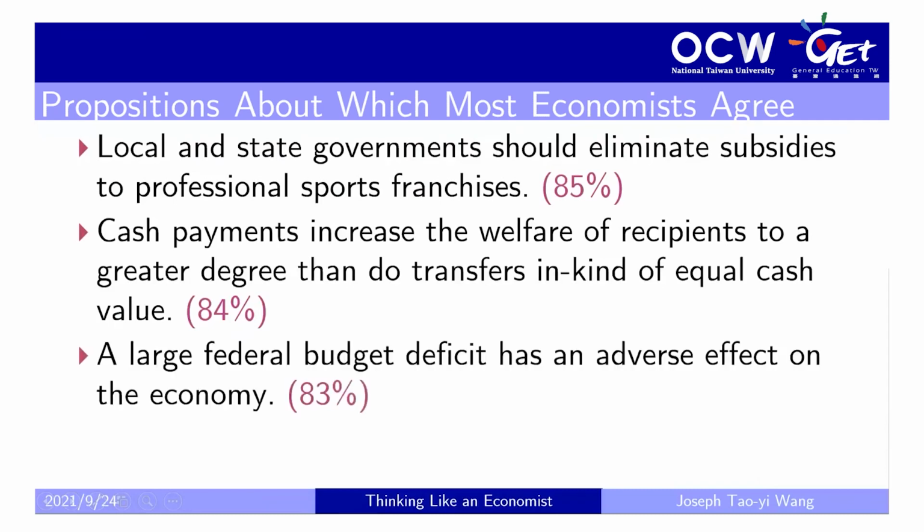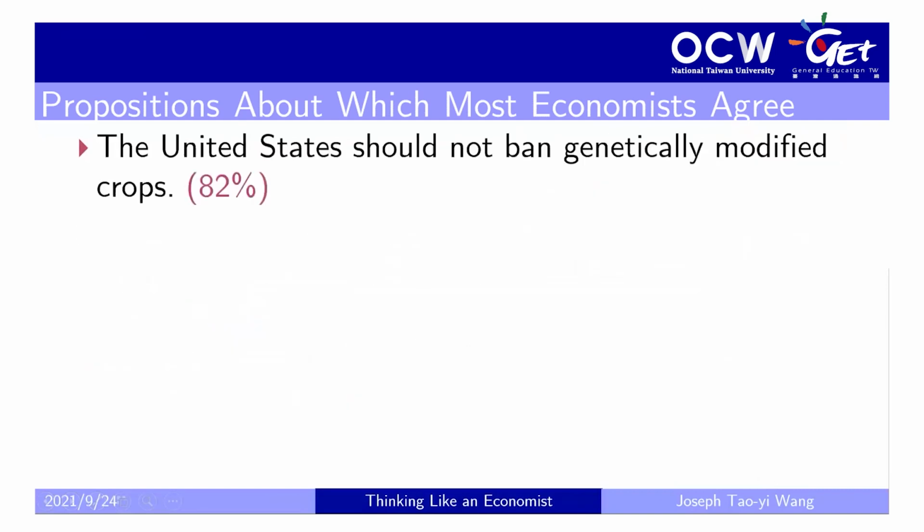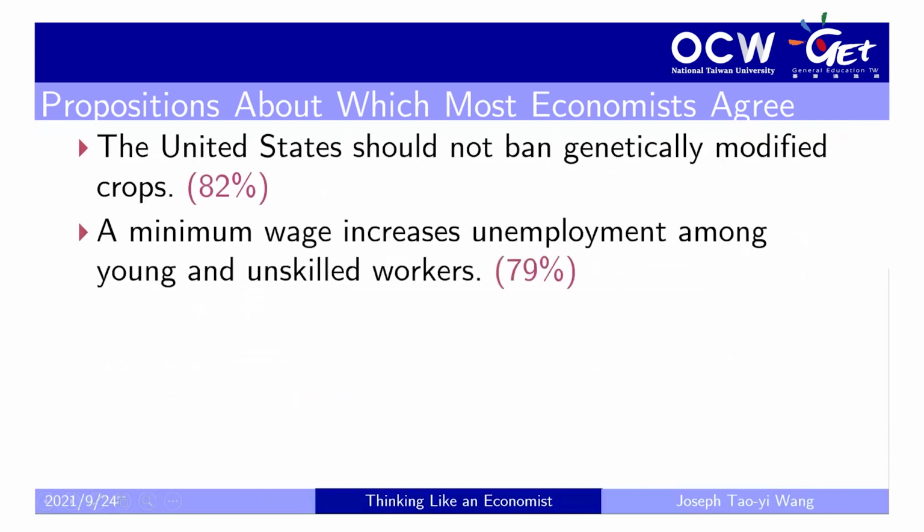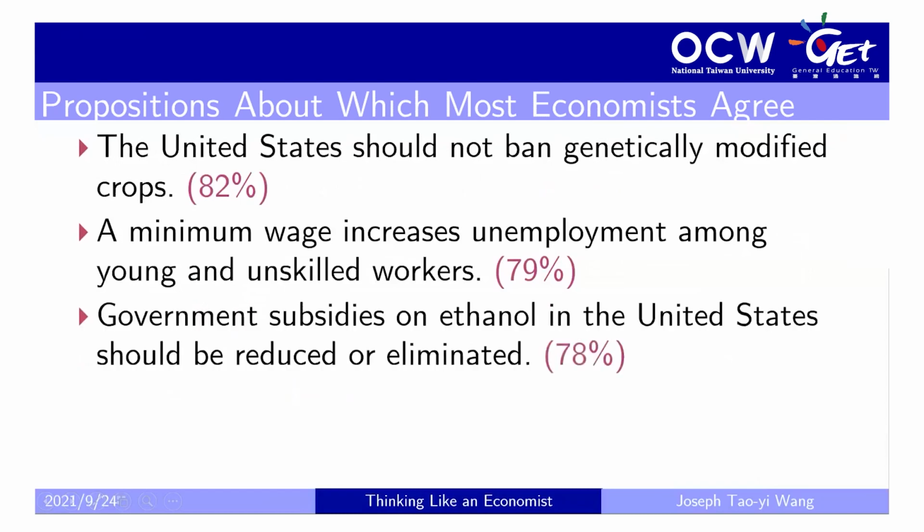A large federal budget deficit has an adverse effect on the economy. 83% agree. The US should not ban genetically modified crops. 82% agree. A minimum wage increase raises unemployment among young and unskilled workers. 79% agree. Government subsidies on ethanol in the US should be reduced or eliminated. 78% agree.